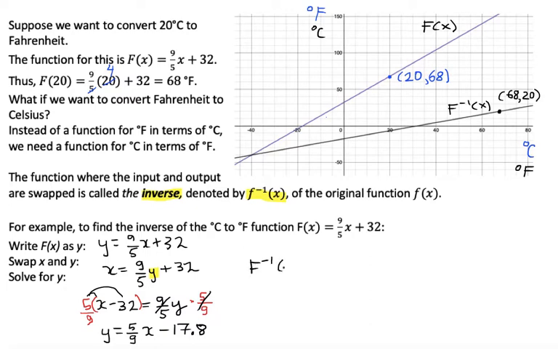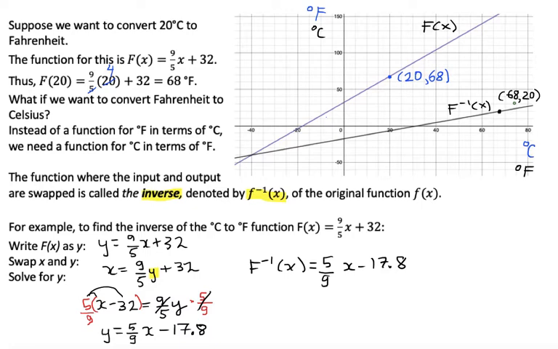Then finally, we express it in that inverse notation. So this is the equation for this inverse line right here, okay? Now, if we substitute 68 into here, then your answer, hopefully, will be 20.